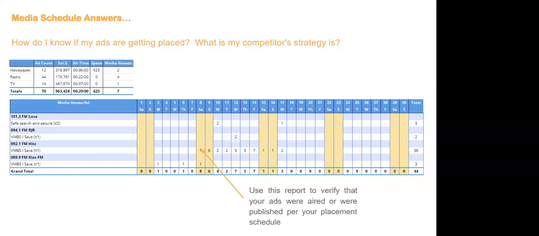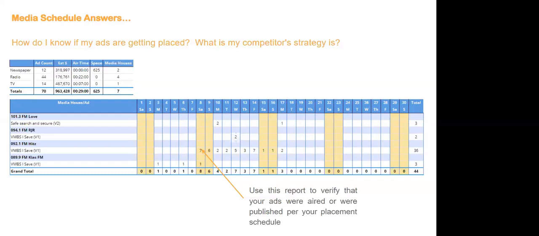You can easily ensure that the media house makes the corrections. And also, what this enables you to do, especially if you're an agency, or if you are in fact doing your own media buying and placement, is improve your negotiating position.